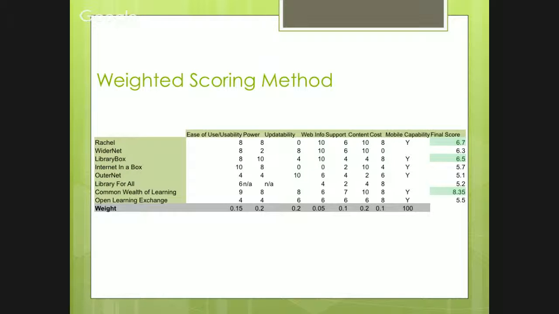And this one down here, Commonwealth of Learning, scores a little off. It should be an 8.35. A couple of things needed to be changed there in the end, because something we really based it on was how the developers of these solutions contacted us back and forth.